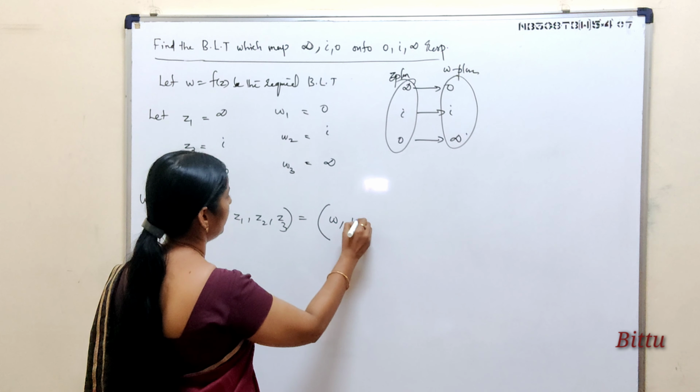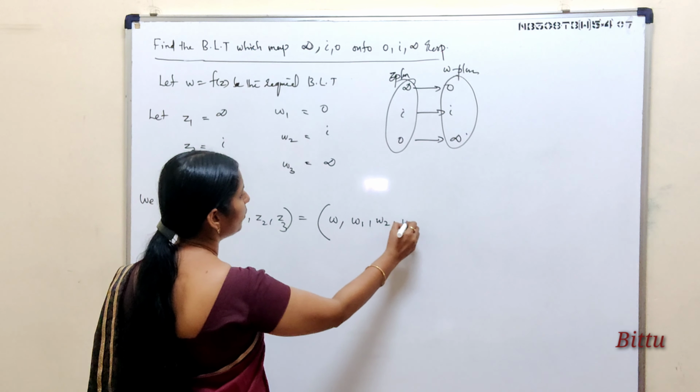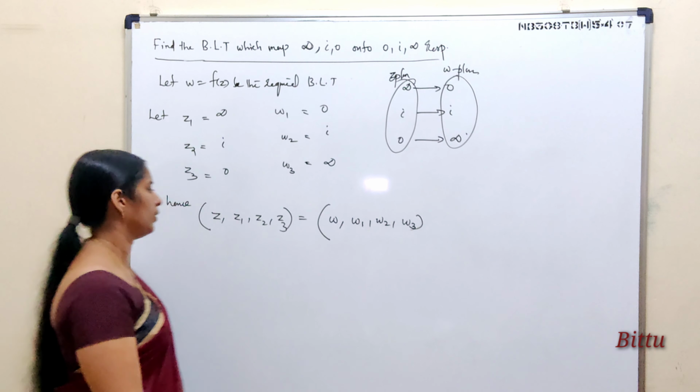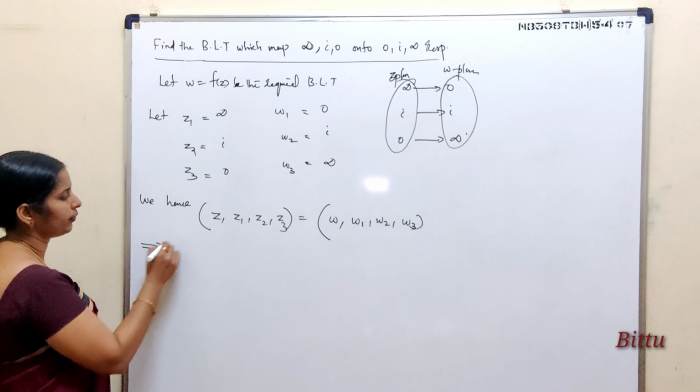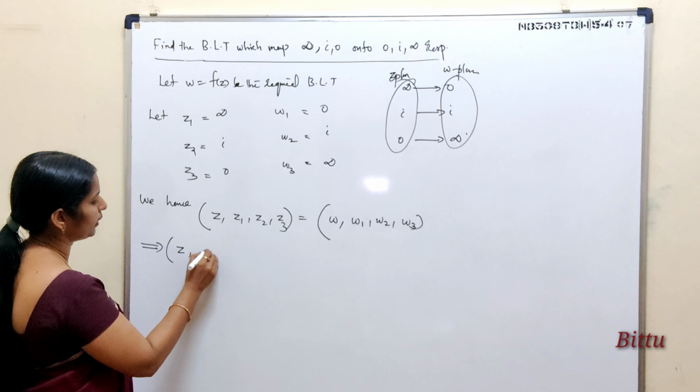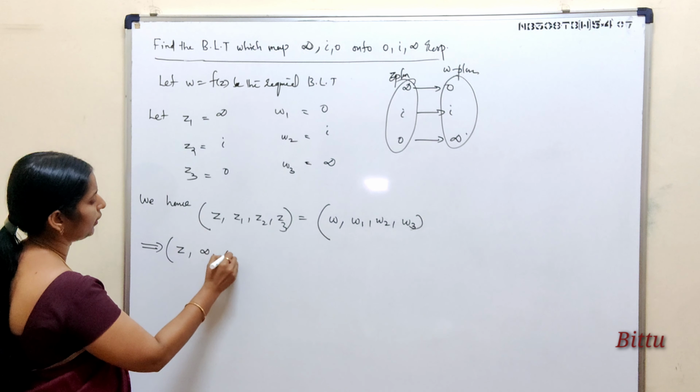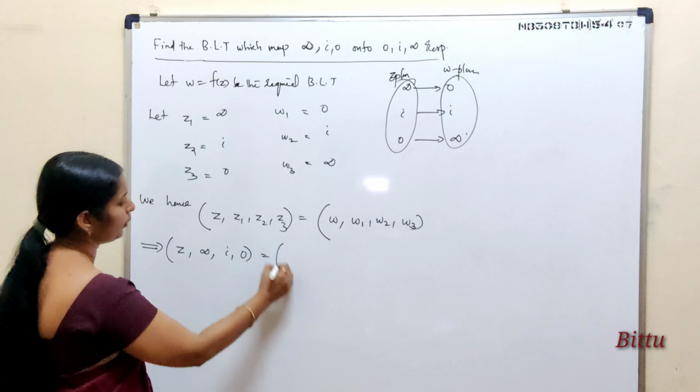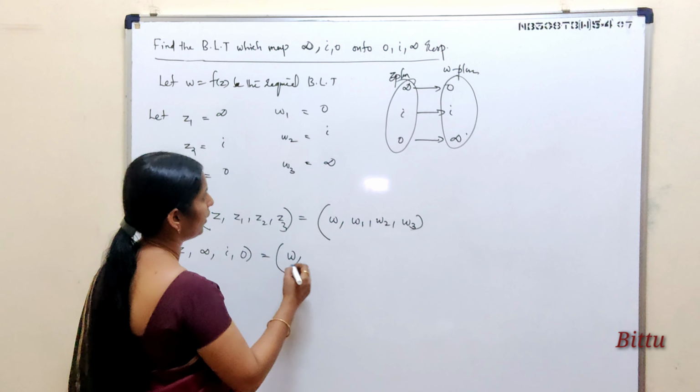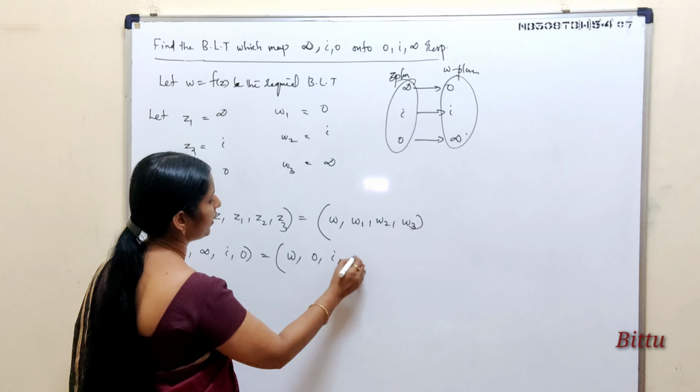Next you put the values of z1, z2, z3. That is cross ratio of z, infinity, i, 0 is equal to cross ratio of omega, 0, i, infinity.